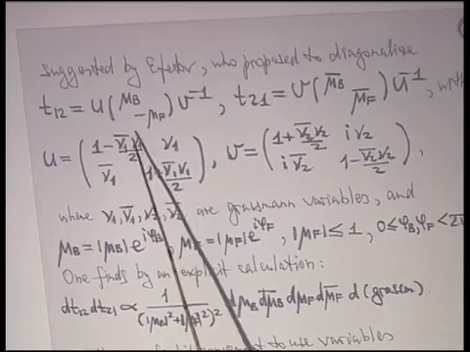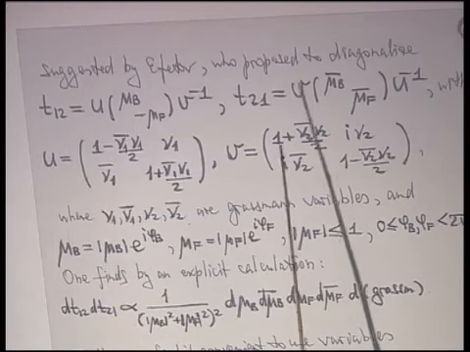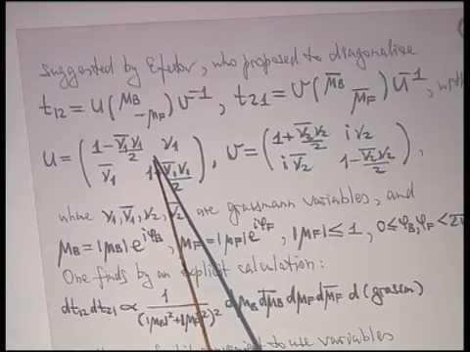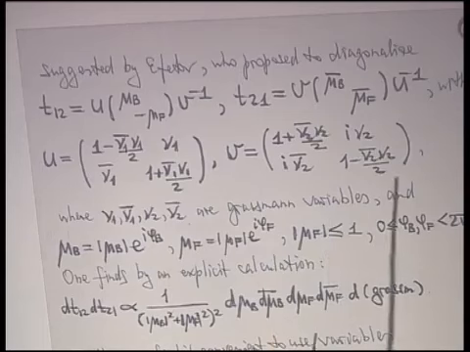And one can parameterize T12 and T21 using two matrices U and V, which are made of new Grassmann variables in this way.